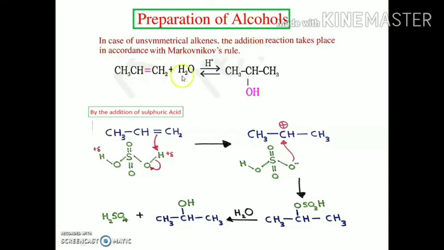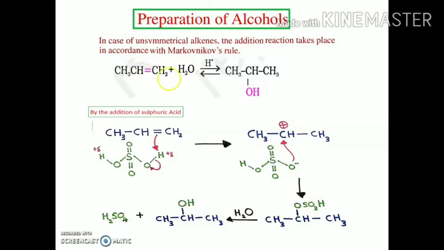It means in the water molecule, having H+ and OH- ions, the H+ ion will go to this CH2 group making CH3, and the OH- ion will get attached to this CH that has the lesser number of hydrogen atoms.